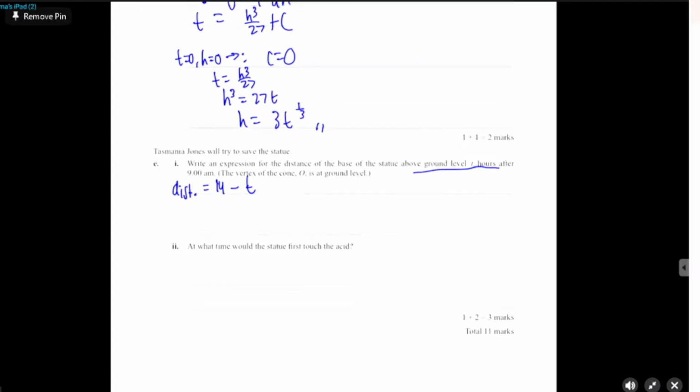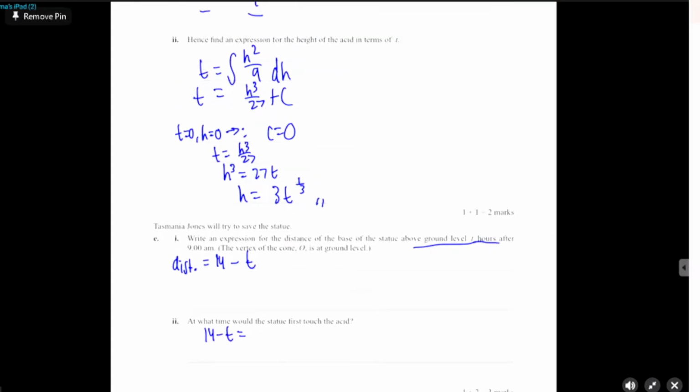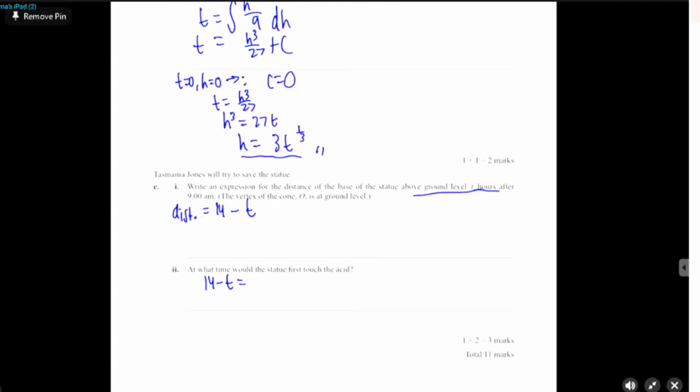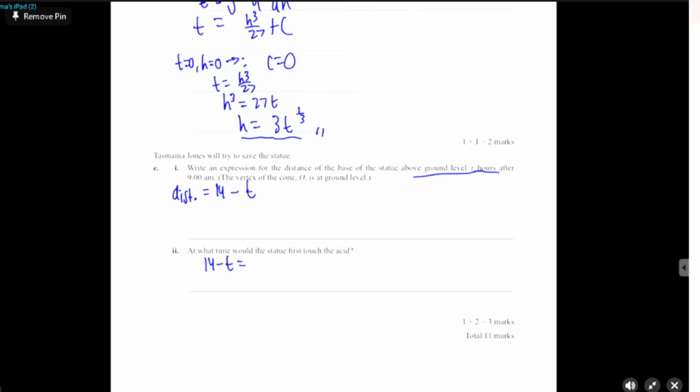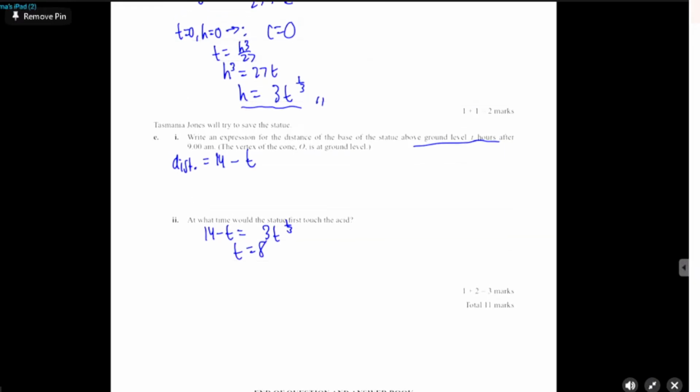And then at what time would the statue first touch the acid? You're just setting that equal to this equation that you found previously, which is just 3t to the 1 on 3. And then when you solve for that, you get t equals 8. But you can't stop there because it says at what time.